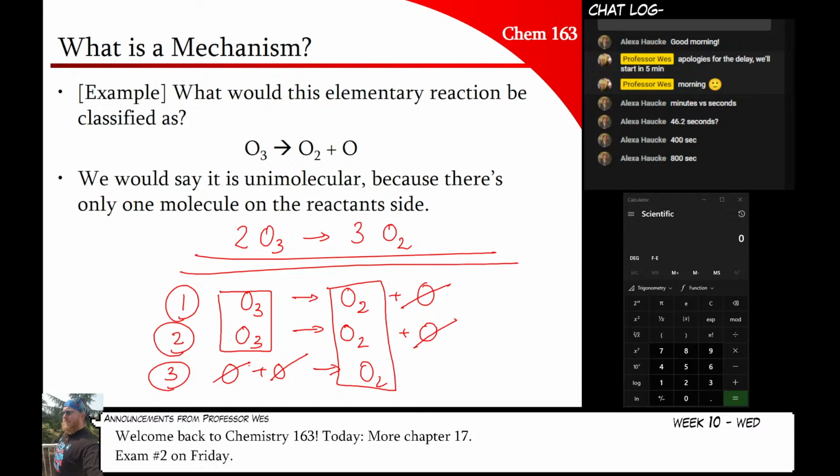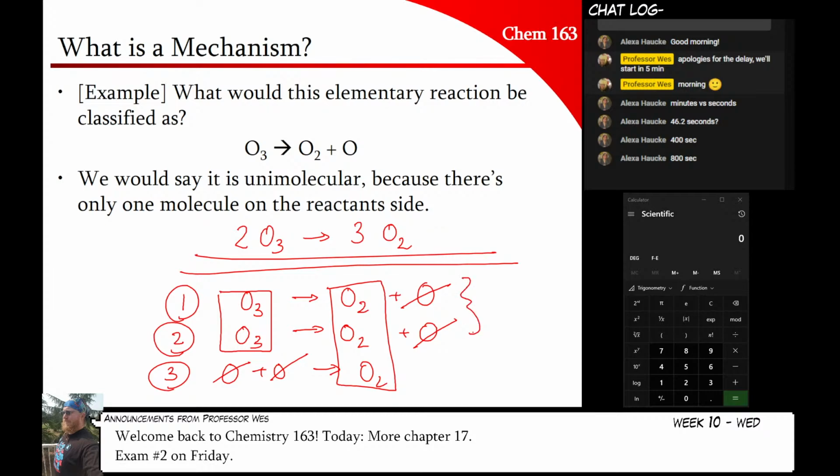Now, why is this more likely to occur than 2 ozones bumping into each other? And the answer is, well, ozone is a bent molecule. I would have to orient those in a very specific way to get all my O's to line up. Because it's the 2 O's that are at the end here.